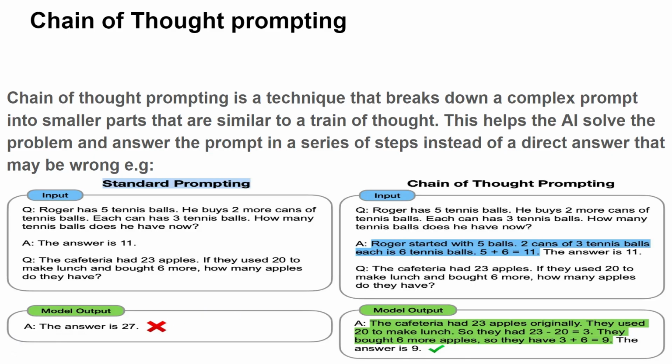Meanwhile, if we were to go to chain of thought prompting, we can see that it's given us the question, it's given us the answer, and it also specified how it achieved that answer. Then it proceeded to ask the AI the question for it to answer. And as a result of the clearer answer, it's able to not only show us the steps but achieve the correct answer this time.